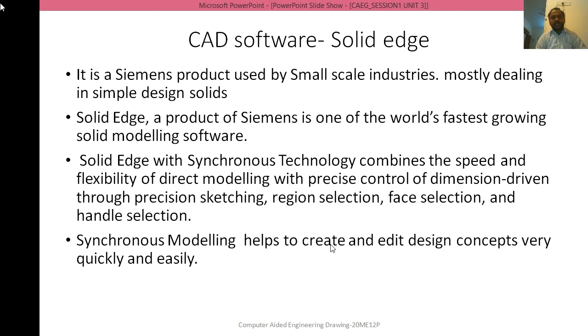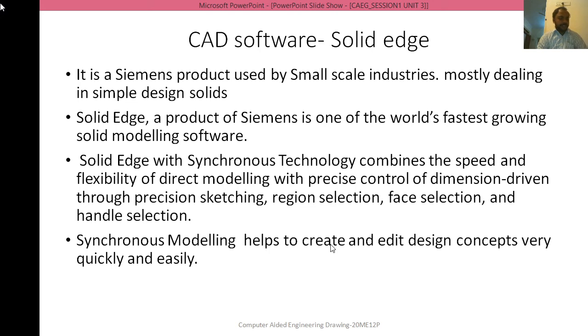Solid Edge with synchronous technology. Synchronous technology combines the speed and flexibility of direct modeling with precise control of dimension, driven through precision sketching, region selection, face selection and handle selection. Today this Solid Edge tool is used to create very complex designs and drawings.